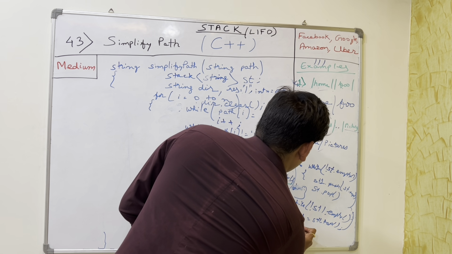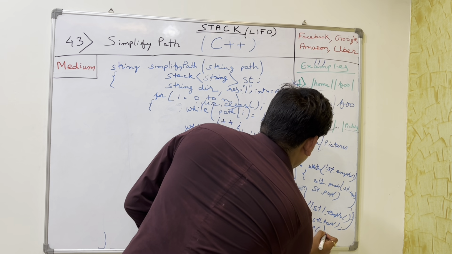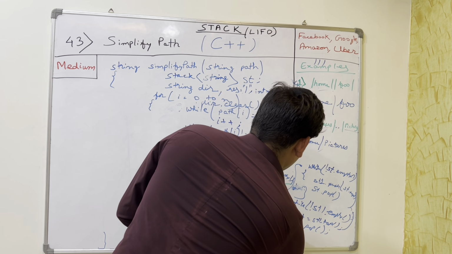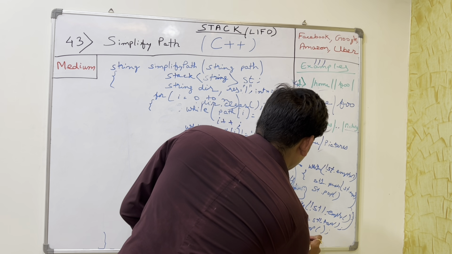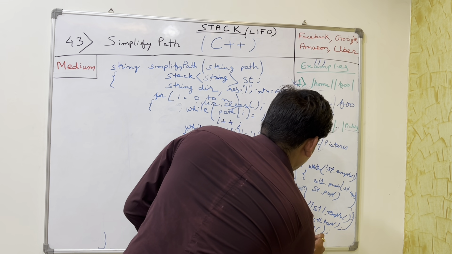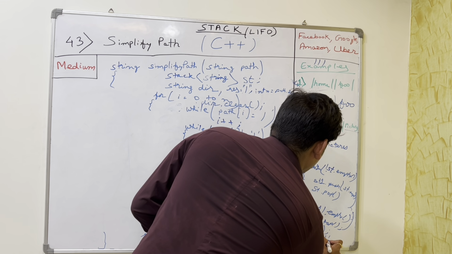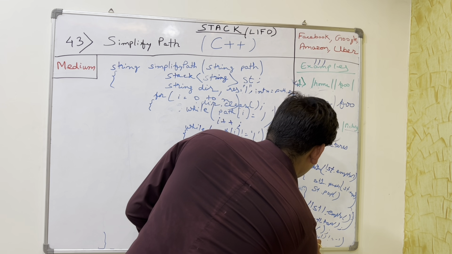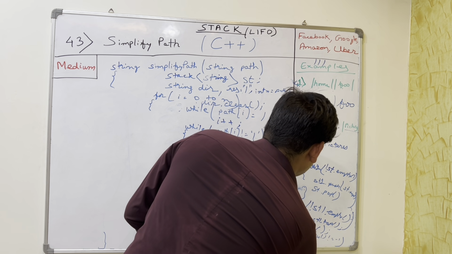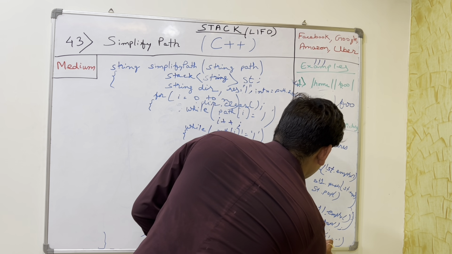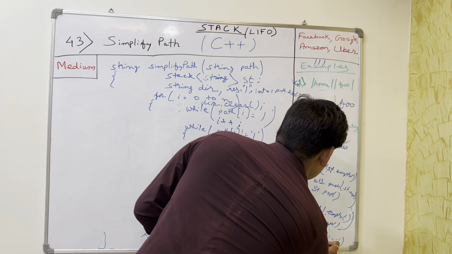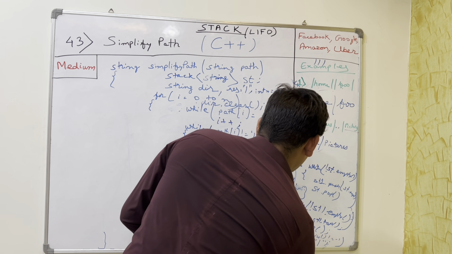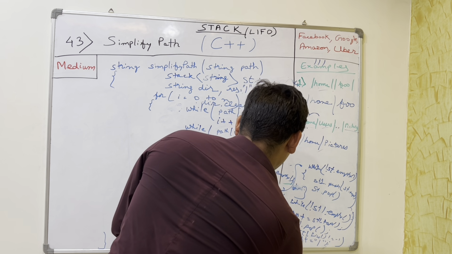And then we st1 dot pop, and then what do? If the stack st1 dot size is not equal to 1, then we insert result plus equal to that slash. Okay, I'll explain what I've done here, and then we close it and then we return the result.